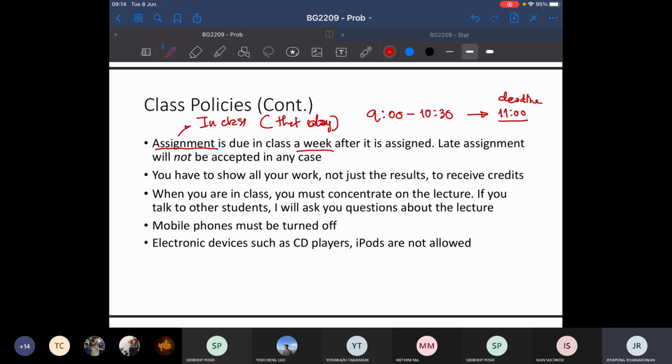I give you half an hour to submit, and don't ask if you miss it. 11 means actually 10:59. Don't wait until 11 to submit, it's going to be too late. You have to submit before that, which is 10:59. And don't expect that at 10:59 you start clicking submit.